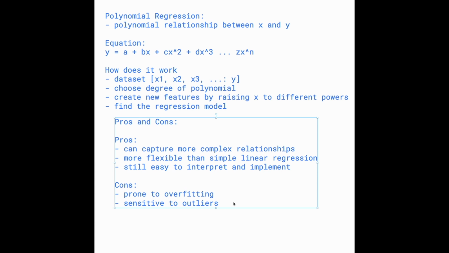And finally, extrapolation, or predicting beyond the range of the data, can be risky. Basically what this means is that once we're beyond the scope of what the data inputs and outputs were, it might not be very safe to use the model to predict.